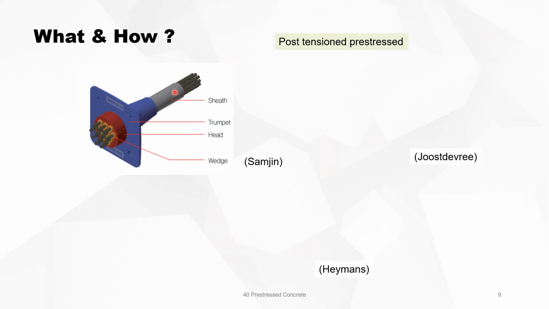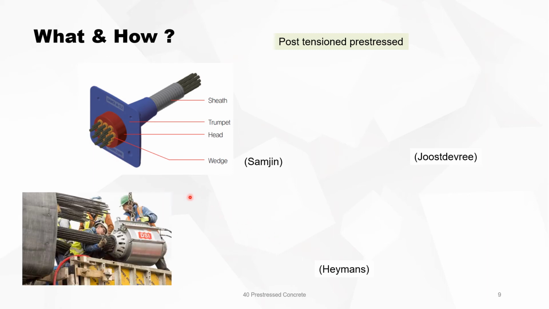After the trumpet you have the sheet, and the small orange elements are the wedges, to block the cable once they are under tension. Here are the typical jacks where you put the tendons under stress.